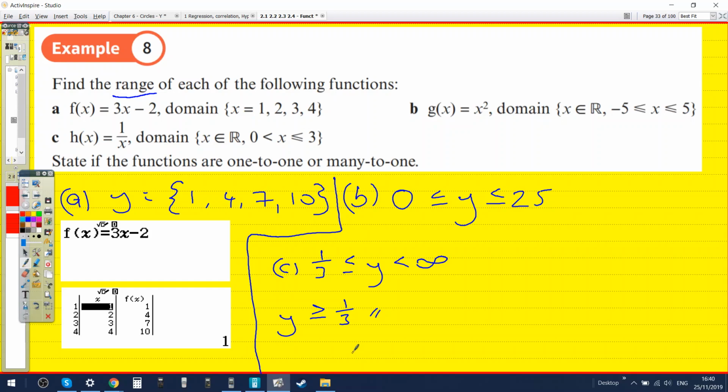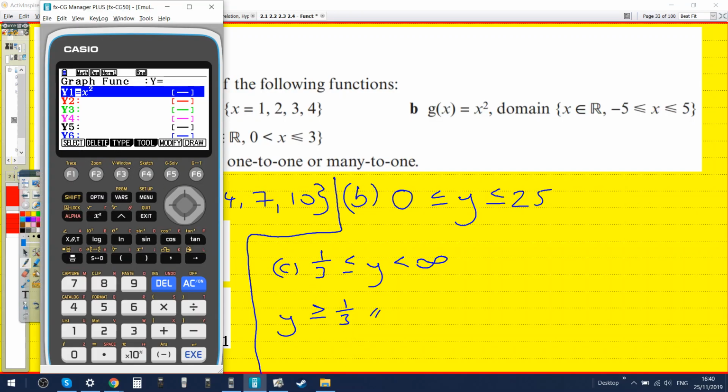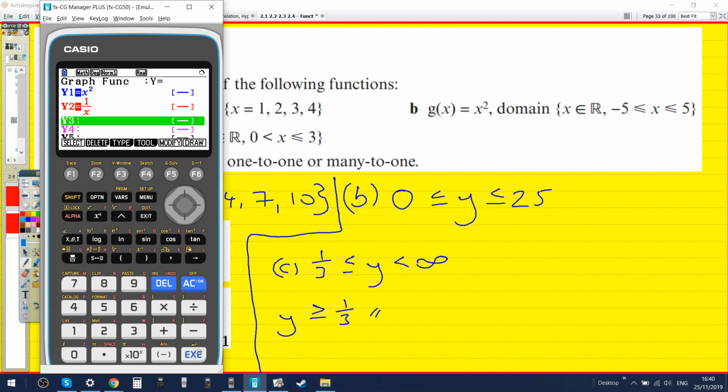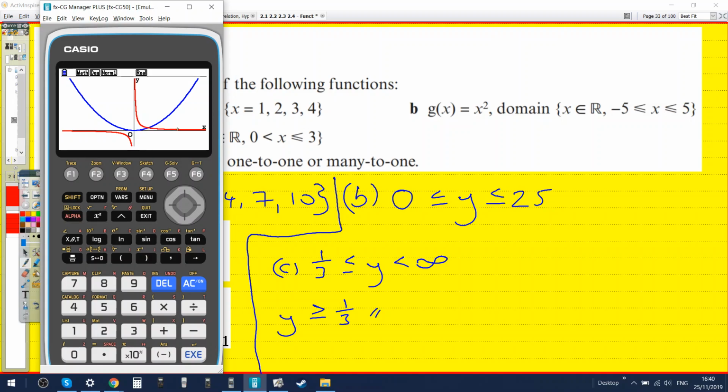Is that right? Okay. Now I'd have to draw the graph for that, before I tell you the wrong thing. So that's 1 over x. And we're doing this between 0 and 3. Oh, to see what it looks like. So I've got this one here. So between 0 and 3.